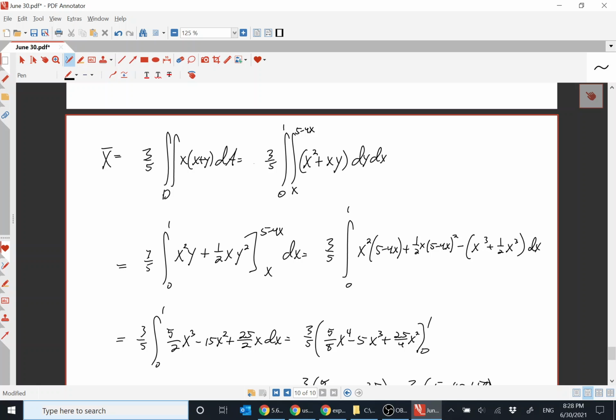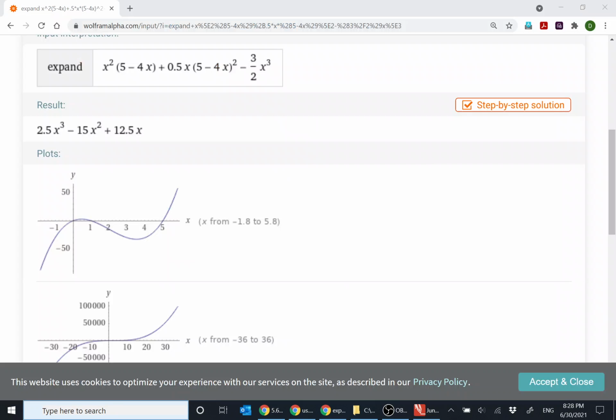X to the third, 1/2 x to the third, minus 3/2 x to the third.